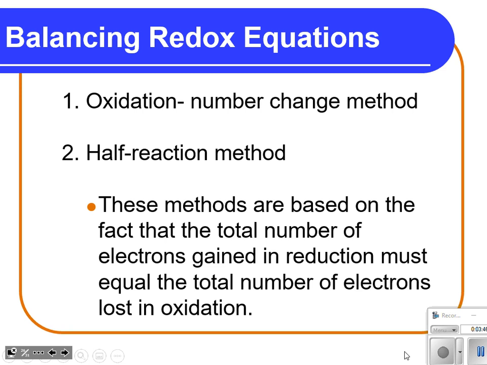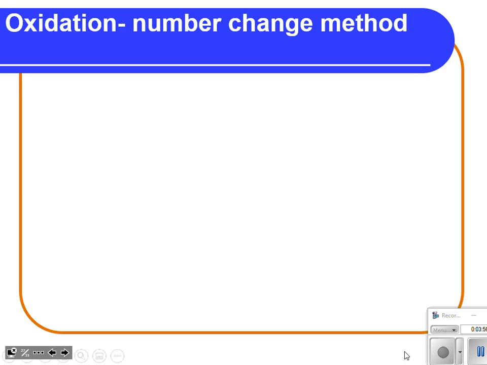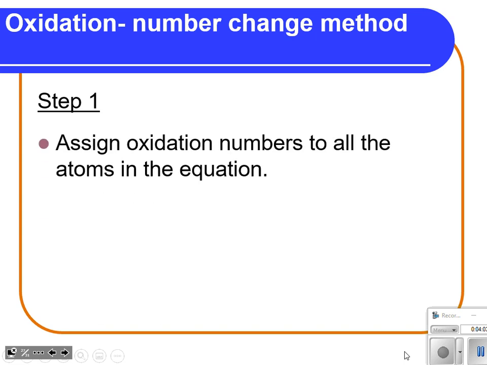Of these 5 steps, we're going to walk through the process of how to balance an oxidation reduction reaction. Using the oxidation number change method, the first step is to assign oxidation numbers to all the atoms in the equation.